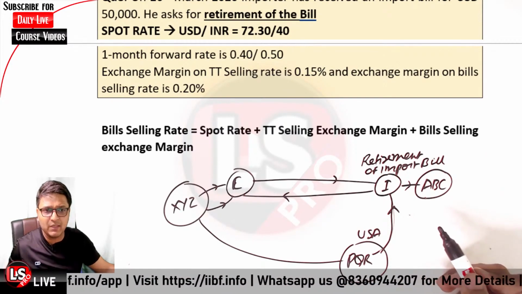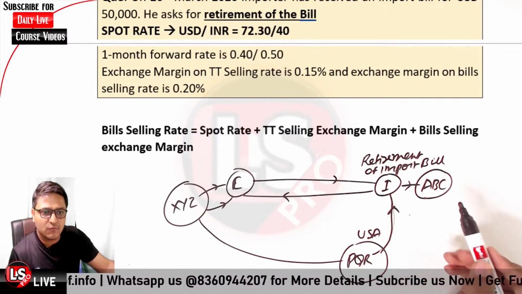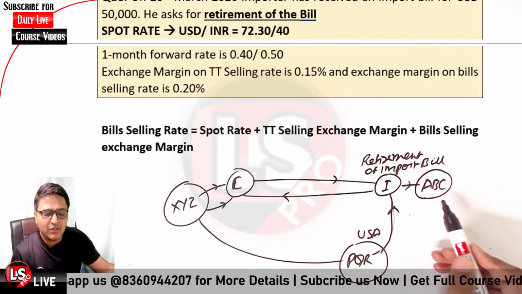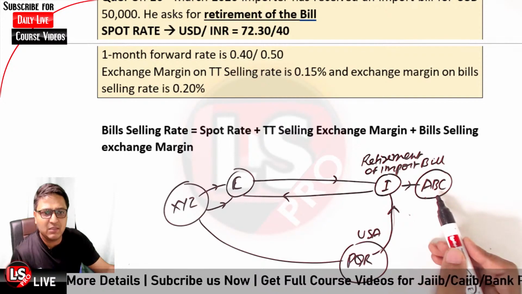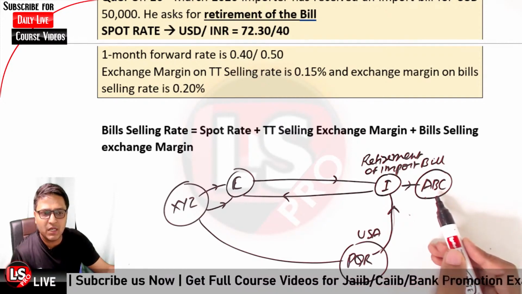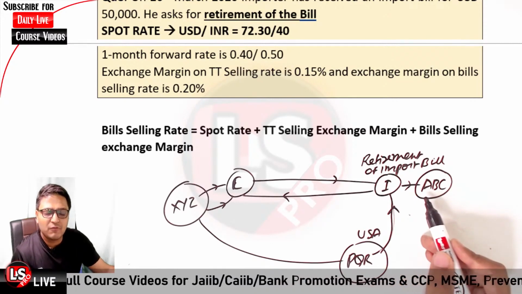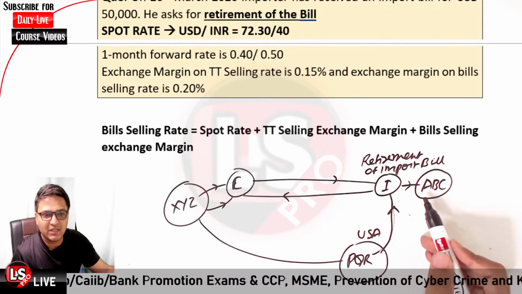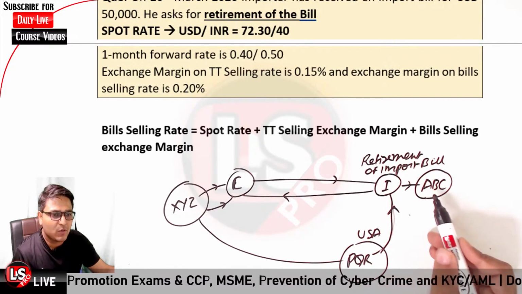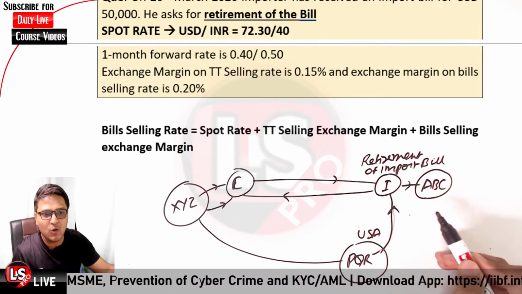Now what will happen in that particular case? First of all, the transaction is to be done on the part of which bank? It is to be done on the part of the ABC bank. So over here, first of all, the rate applicable will be the TT selling rate. Because if ABC bank wants to retire the import bill, the amount is to be paid.